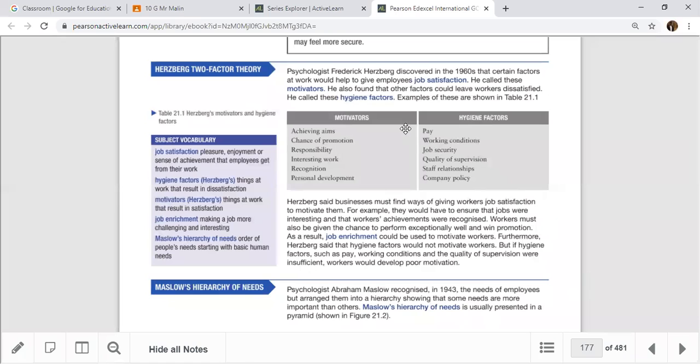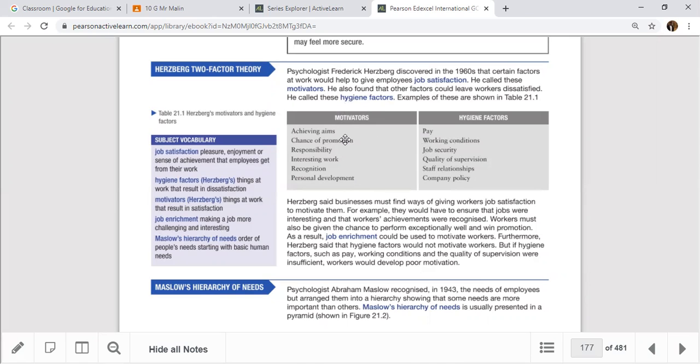It is summarized here: Herzberg two-factor theory, motivators and hygiene factors. So for motivators we use the code ART TRACK, sometimes RAT TRACK, ART or RAT: achievement, recognition, the work itself, interesting work, responsibility, advancement, and growth.